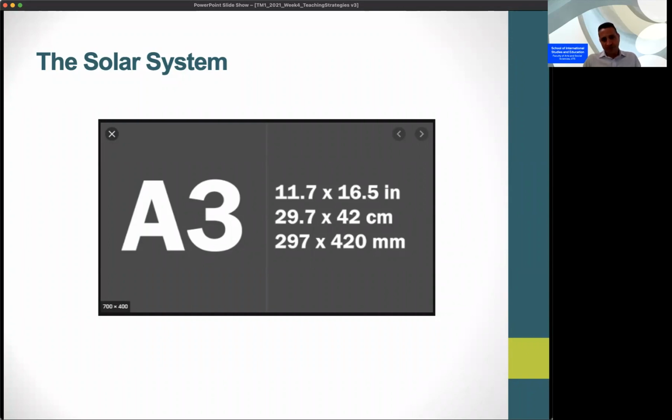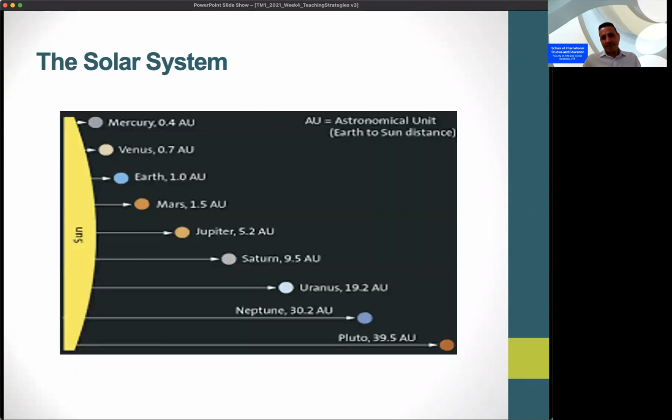I hand every student in the room a strip of A3 paper. Because it's 42 centimeters, I get them to mark 1 centimeter on one end and then 1 centimeter from the other end. So now we're working on the middle 40 centimeters.